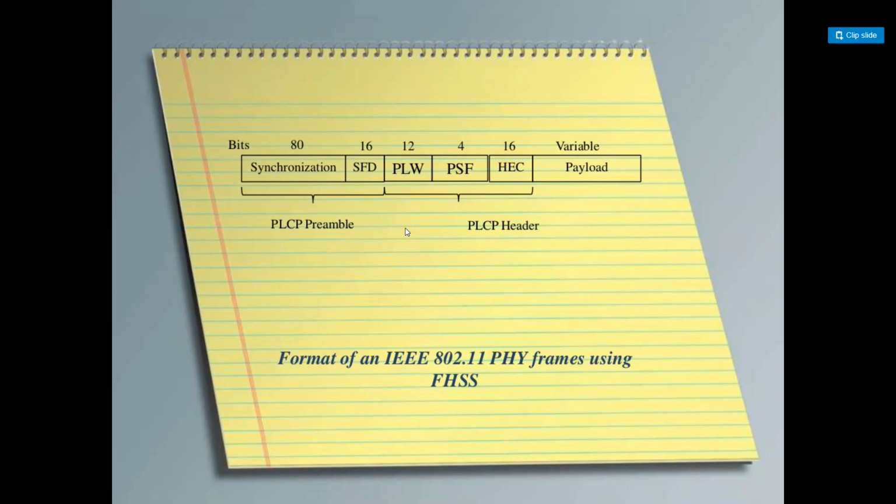For that PLCP sublayer, the layer above is the data link layer, and from the data link layer it gets a frame. After receiving the frame, the physical layer will convert that frame into bits.